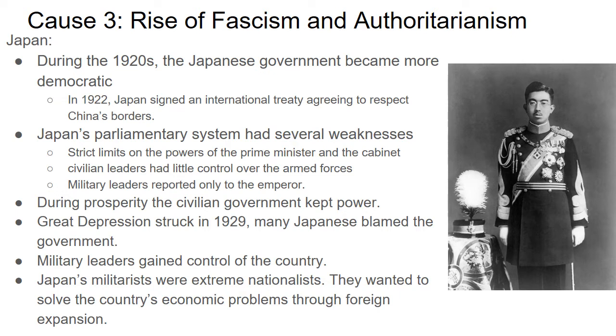Basically, if they go and conquer more territory and gain more resources, they will be able to drag themselves out of this economic depression. And also, producing the means of war, ammunition and weaponry, is also going to help stimulate the economy and drag Japan out of the economic depression. And so Japan becomes a lot more militaristic and a lot more imperialist once again.